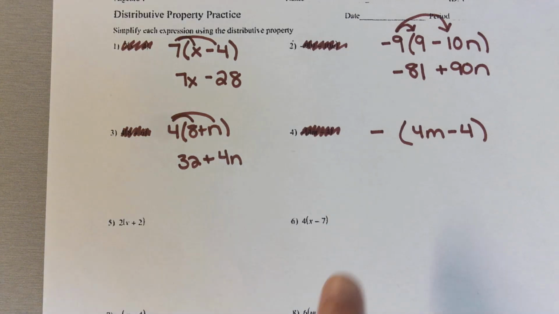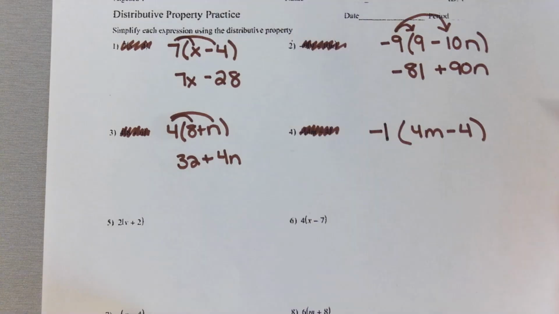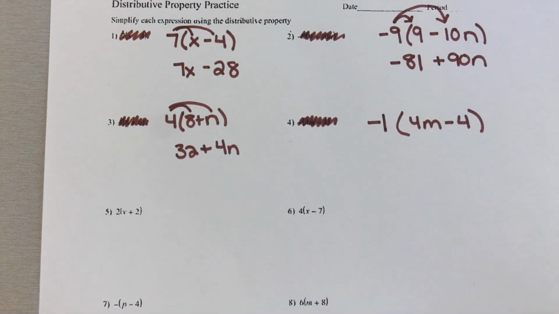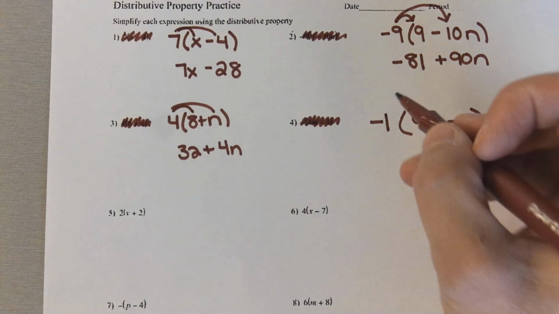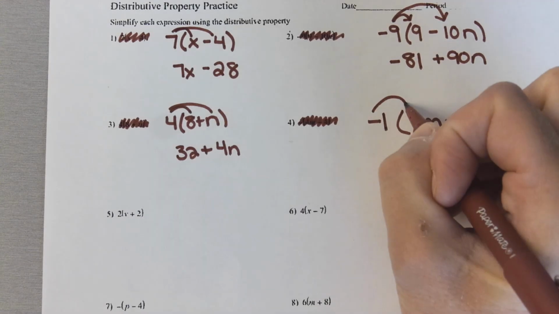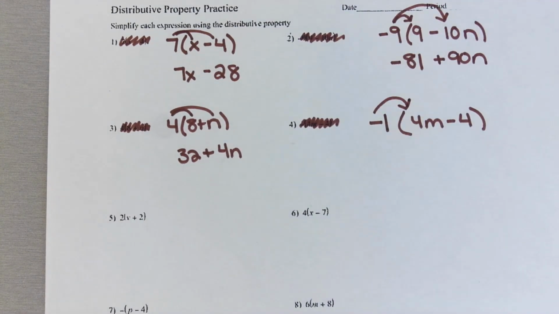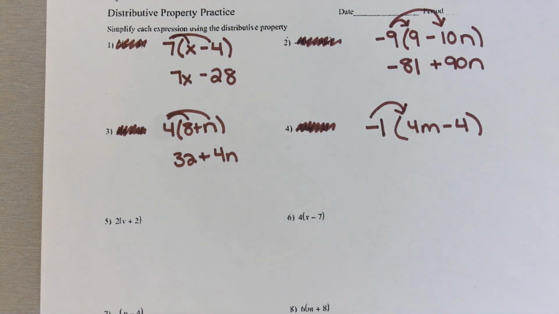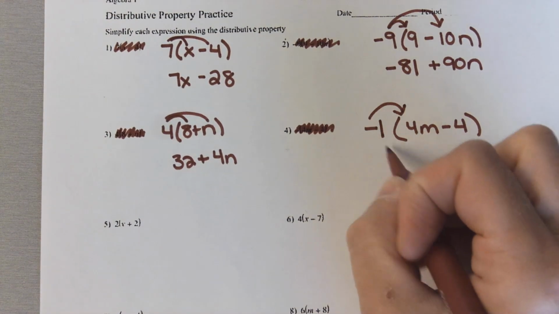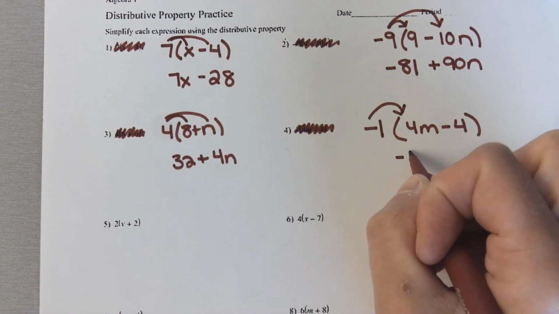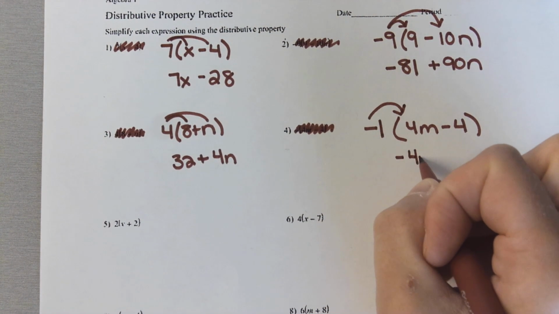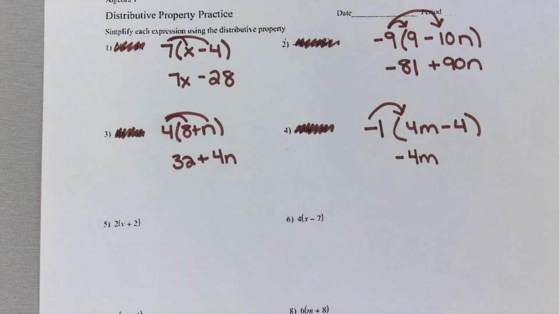Like what number is hiding here but we can't see it? 1, right? It's almost like you have a little invisible imaginary friend there. So if there's no number, you can put a 1 there to help yourself remember. What is negative 1 times 4m? Negative 4m.